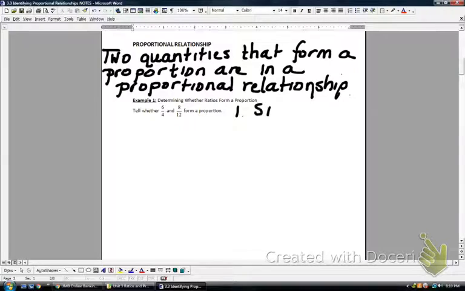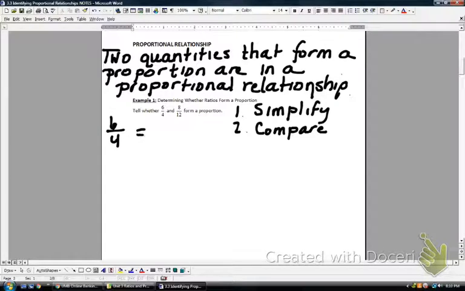So the steps that we're going to do is we're going to simplify, and then after we simplify each ratio, we're going to compare the two. If simplified, they equal the same number, then they are a proportion. If they don't, then they're not. So 6/4, I can divide the top by 2 and the bottom by 2, so that simplifies to 3/2. Then 8/12, I can divide the top by 4 and the bottom by 4, so that simplifies to 2/3.